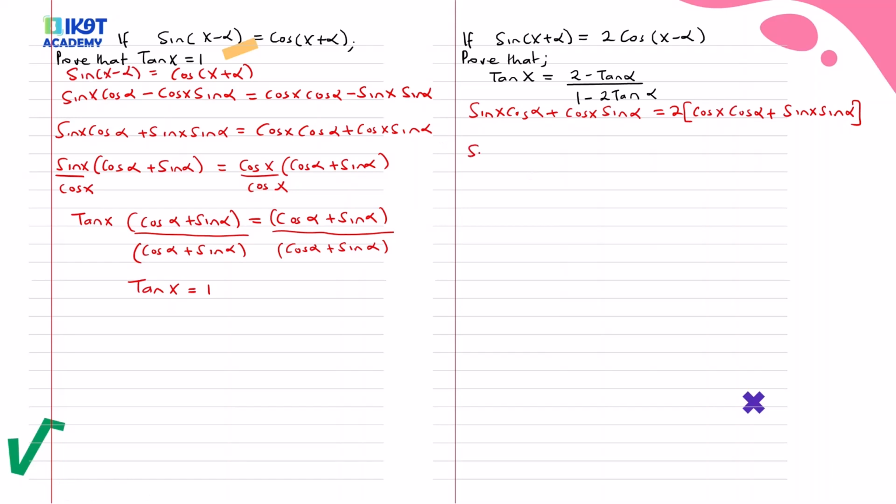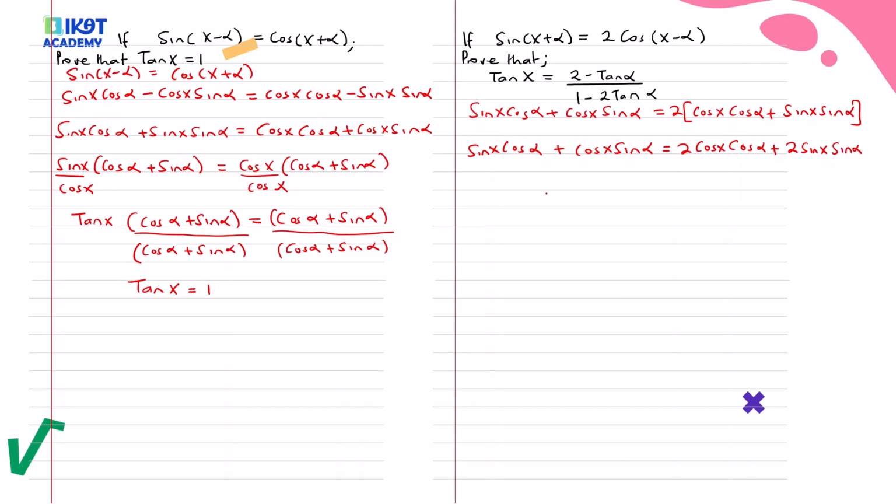So here I get sine x cos alpha plus cos x sine alpha is equal to 2 cos x cos alpha plus 2 sine x sine alpha.